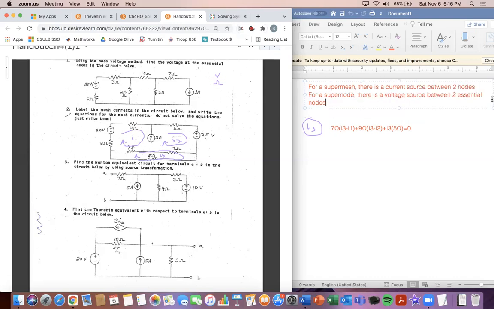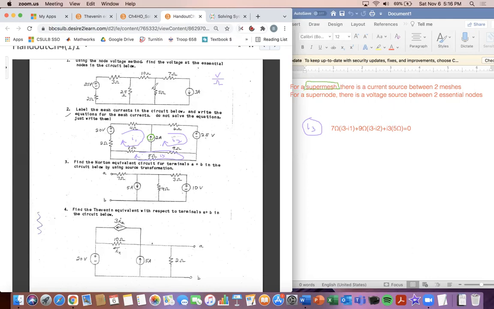This is a big idea you're going to have to know. In this problem, we have to realize this is a super mesh, because this current source is between mesh I1 and I2. So we have to make a super mesh here.